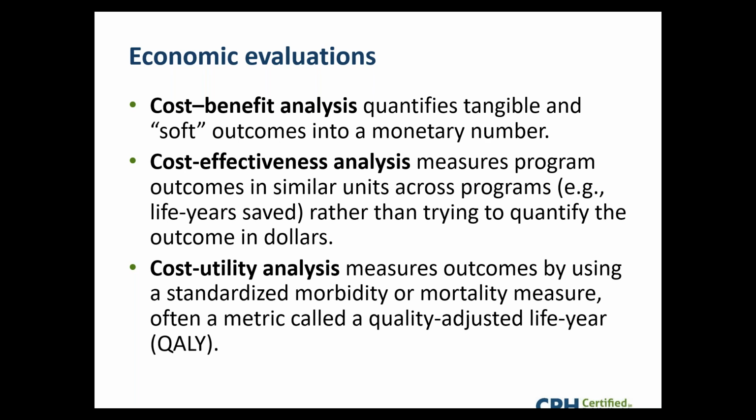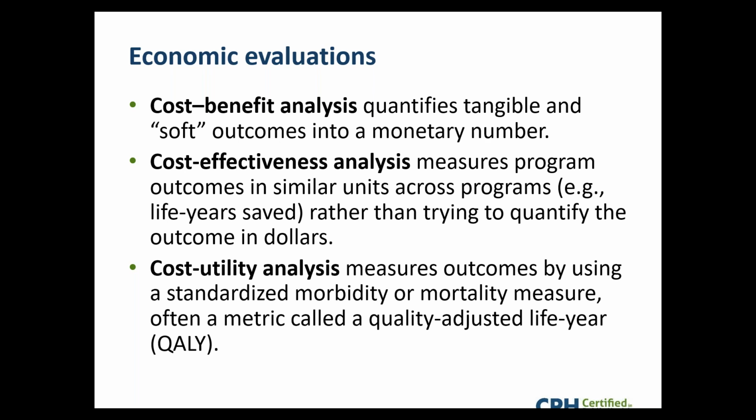So you're not changing it into dollars, you're rather just saying relative effectiveness. This has this many life years saved versus that. Cost utility analysis often uses an outcome measure that standardizes the morbidity or mortality, often called a quality adjusted life year. That's a very common measure for cost utility.